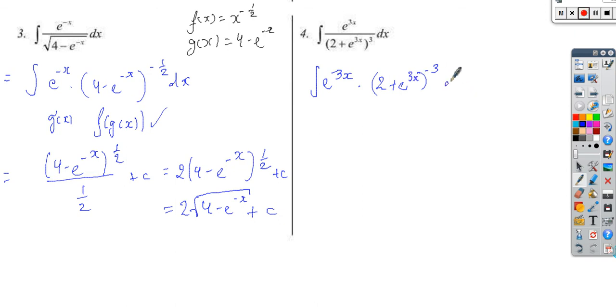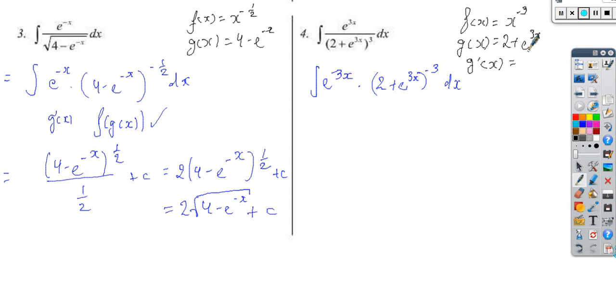Alright, the whole thing dx. And now we can write out f of x, that's going to be the outside here, x to the power of minus 3, g of x, that's what's in the brackets there.